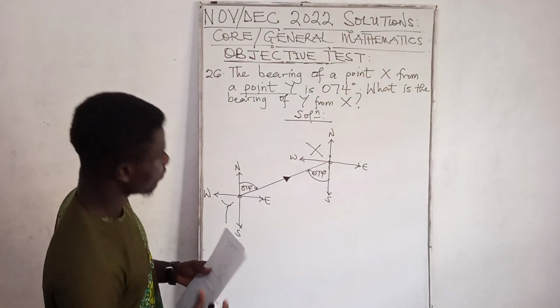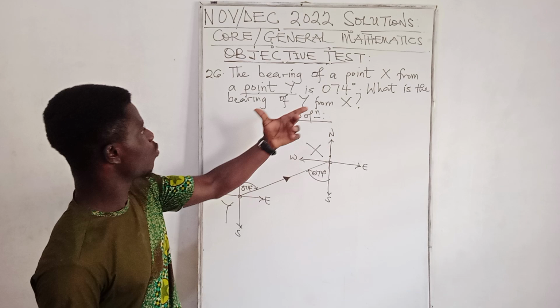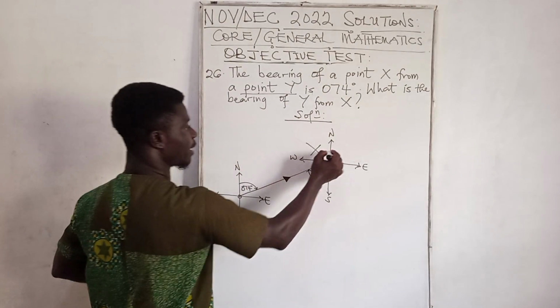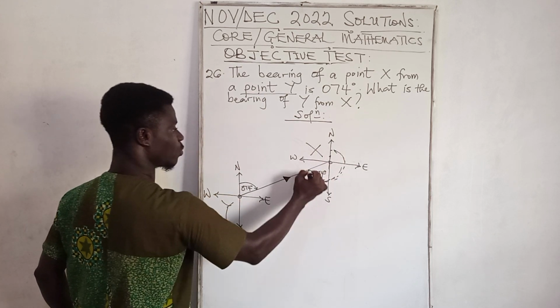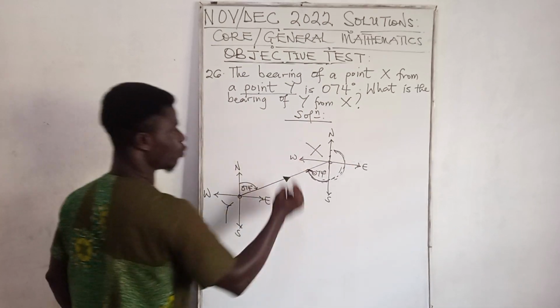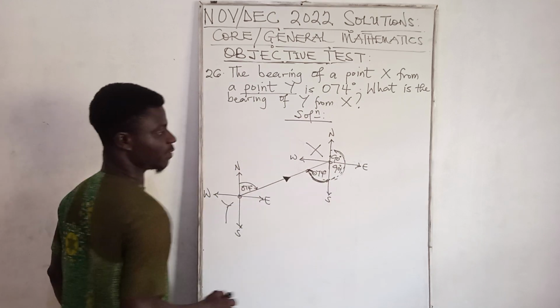So there's the diagram to show the bearing. What is the bearing of Y from this place? We start from the North Pole, then measure to this path here. So here is 90 degrees plus 90 degrees, then plus this 74 degrees.